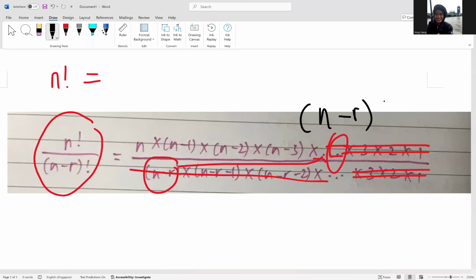So on the right-hand side, you are going to get this whole thing minus 1. What is this whole thing? This whole thing, let me highlight here in blue, is n minus r. This blue chunk minus 1.